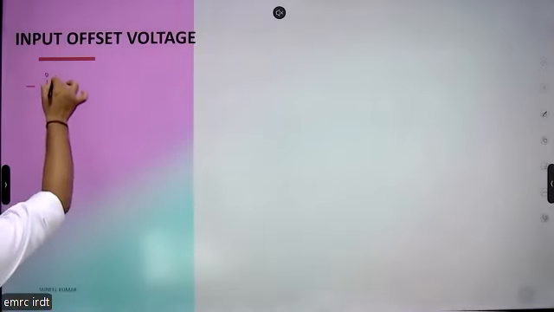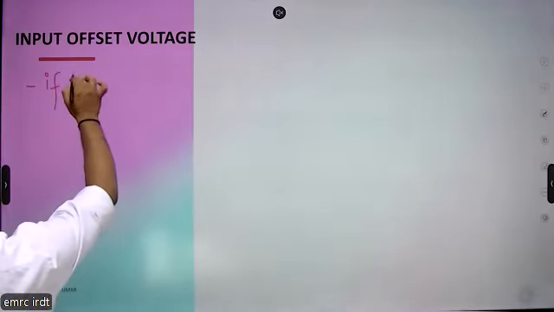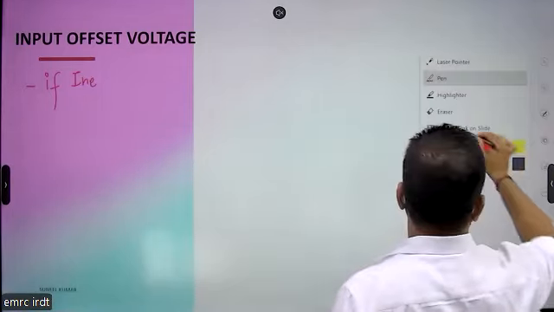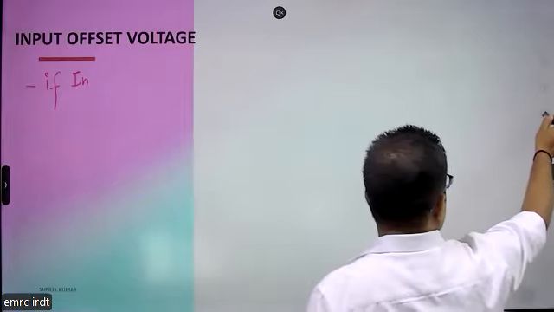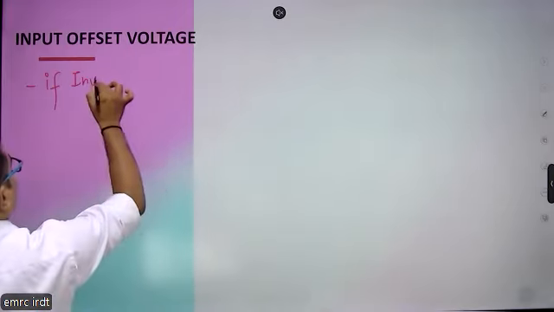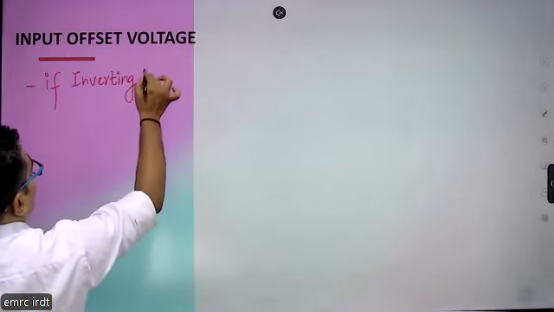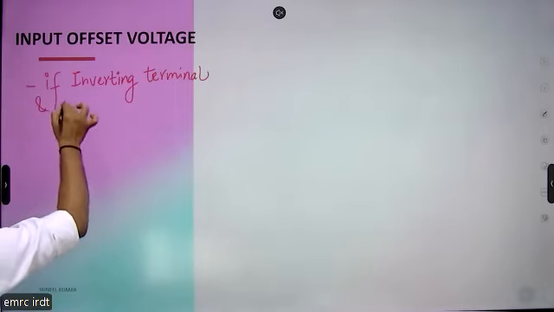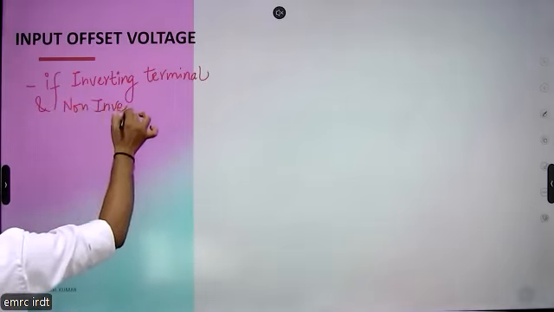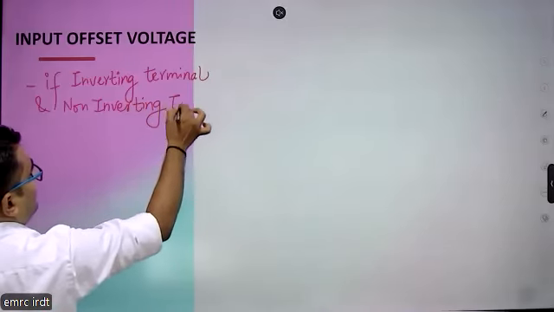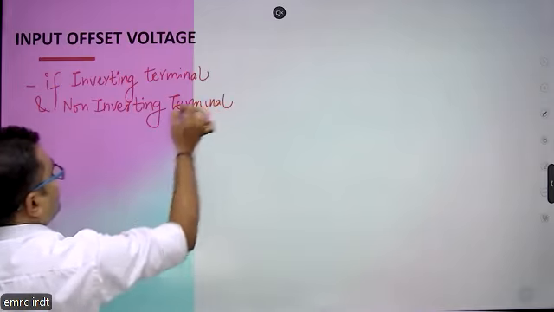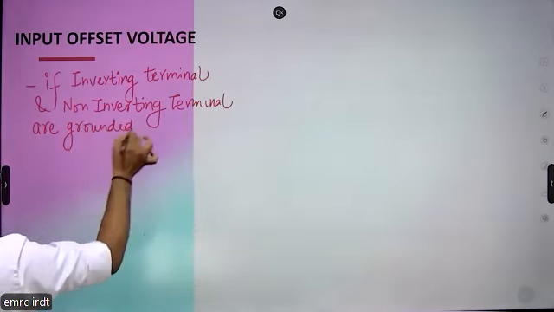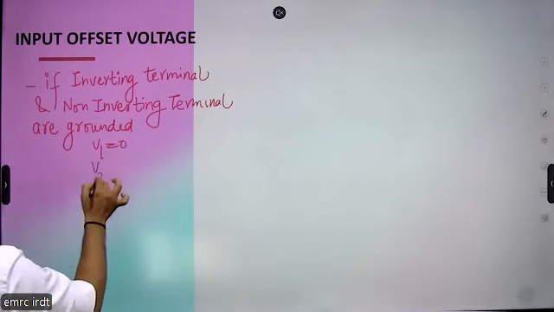If the inverting terminal and non-inverting terminal are grounded, grounded means V1 becomes 0 and V2 becomes 0.